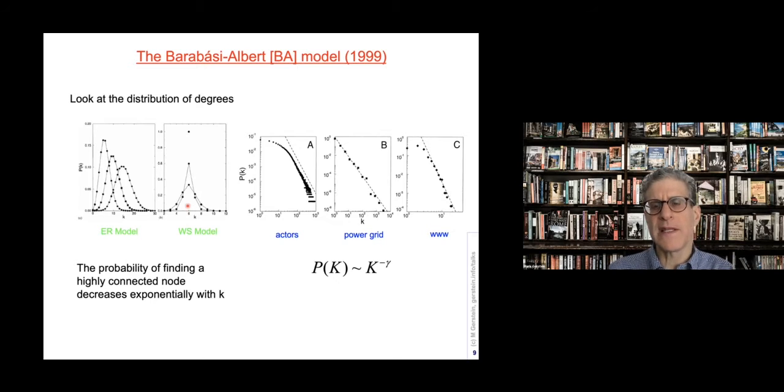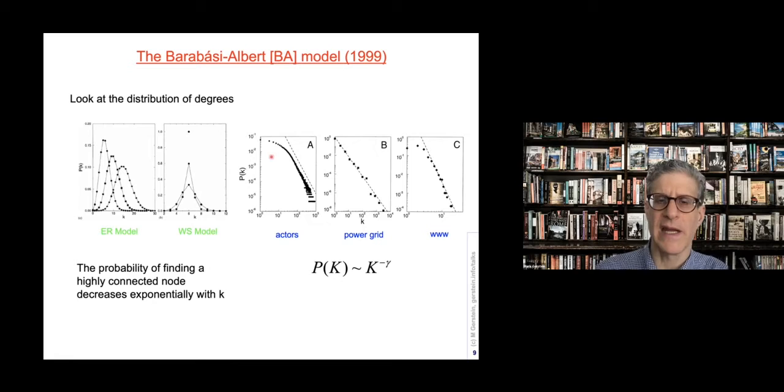And Barabasi and Albert looked at a somewhat different type of network in around 2000. They looked at what's called a scale-free network. And here, the degree distribution, that is the number of nodes with a particular degree k, doesn't have any characteristic peak. It just sort of falls off.